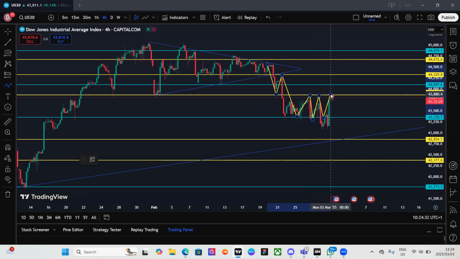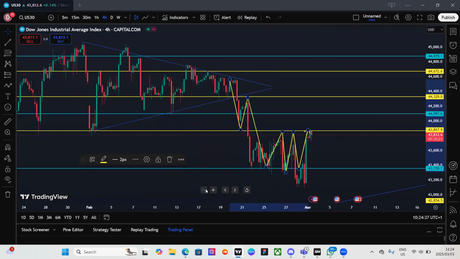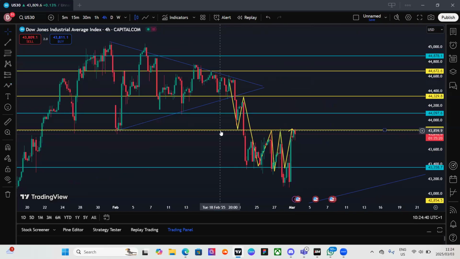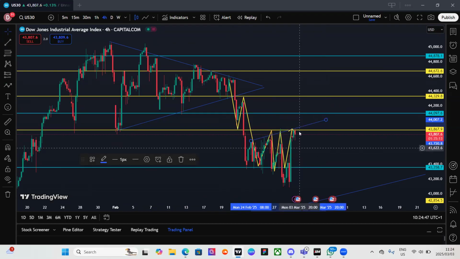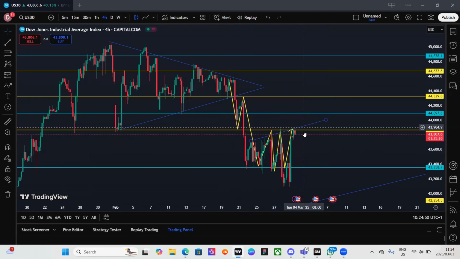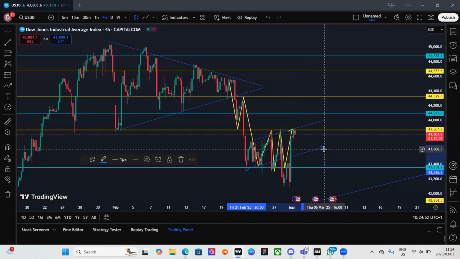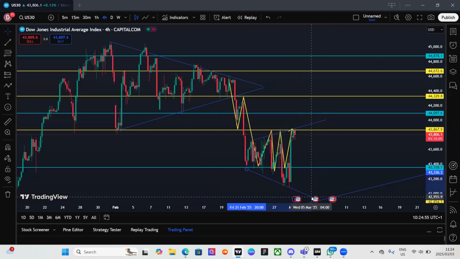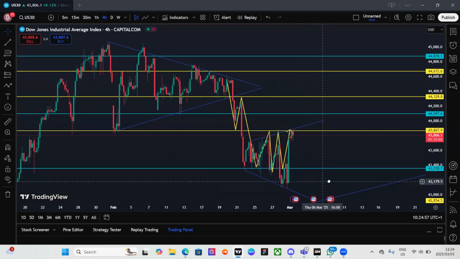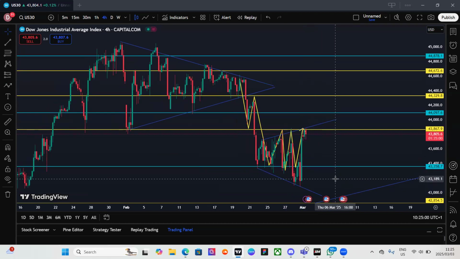What we could potentially be expecting for US30, because I'm seeing a bit of a pattern form inside here, so I'm just going to stretch this out a little bit, is a range movement. There has to be a breakout within either of these areas right here.